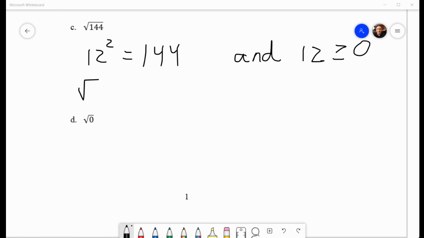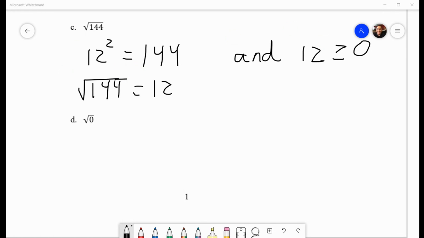So that tells us the square root of 144 is 12. I know we have calculators, which makes it a little easier, but now you know why it's programmed in the calculator the way it is.